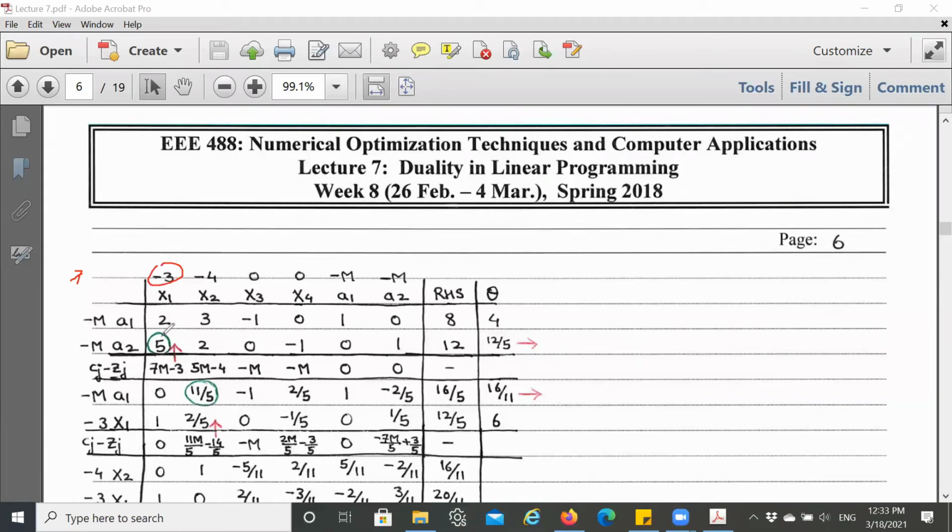Then on the left hand side over here, you would see the variables that you have to now add, the artificial variables. So the artificial variables were A1 and A2. You write them over here, and their values were minus M and minus M as seen in the objective function.